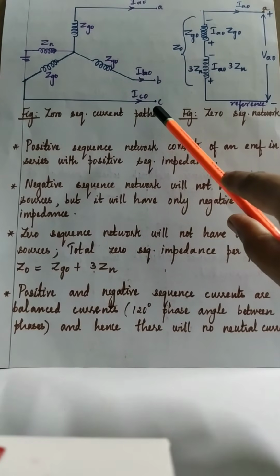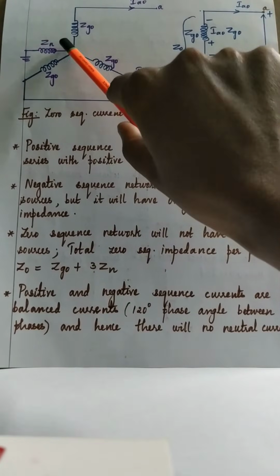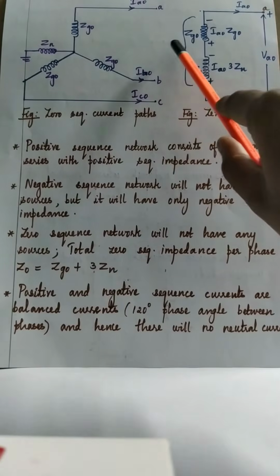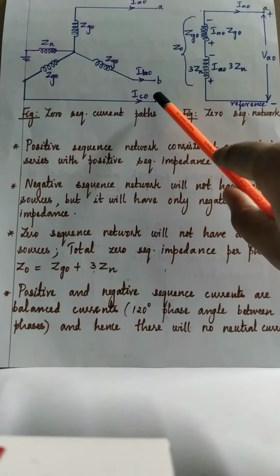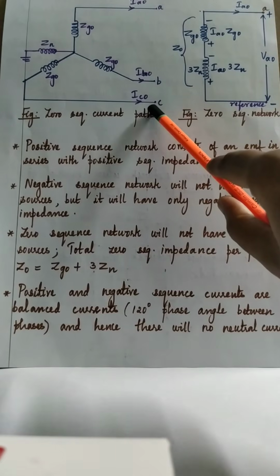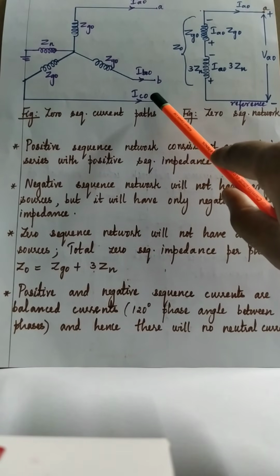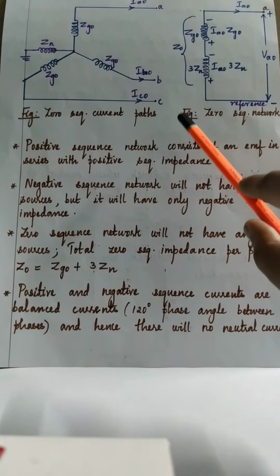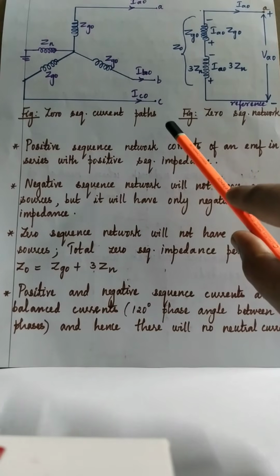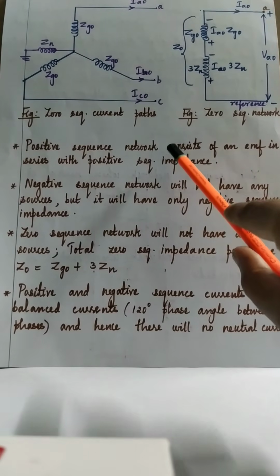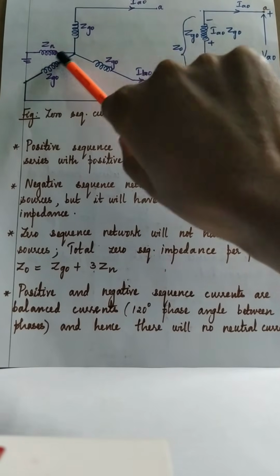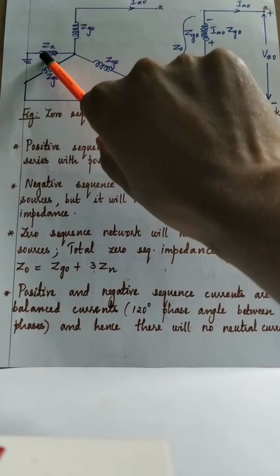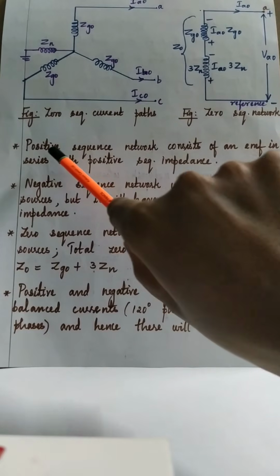So IN, that is the current through the neutral wire, will be equal to IA0 plus IB0 plus IC0. That is IA0 plus IA0 plus IA0, which is equal to 3 IA0. So since there is a neutral current, IN equal to 3 IA0, we have represented the neutral impedance over here.